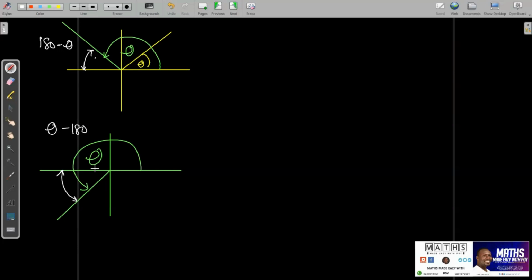Okay, sir. Good. So we are done with negative angles, and we've seen the behavior of all the trig ratios for negative angles. We are moving on to the next. Moving forward, in trigonometry, there are two forms of angles we deal with.